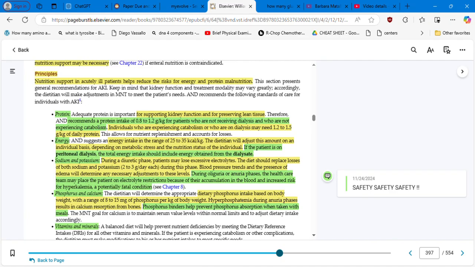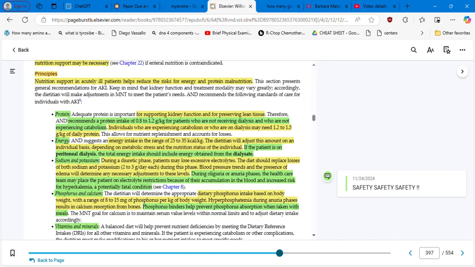So the amount of protein depends on the status of the patient, if the patient is on dialysis or not. Individuals who are experiencing catabolism or who are on dialysis may need 1.2 to 1.5 grams per kilogram of daily protein. So you see, if the patient is having catabolism or is on dialysis, the amount of protein is going to be higher.